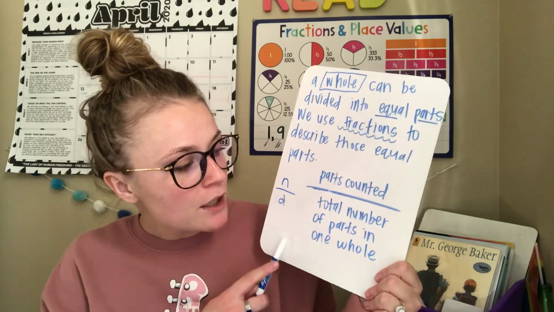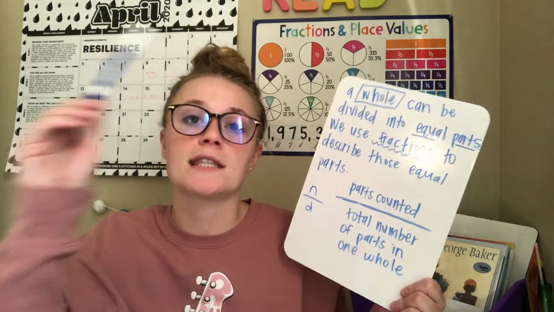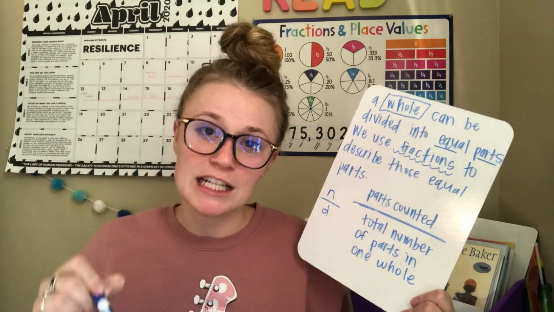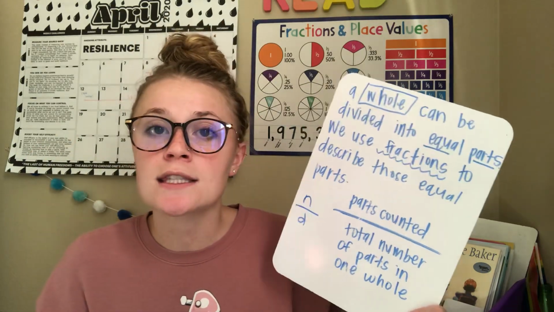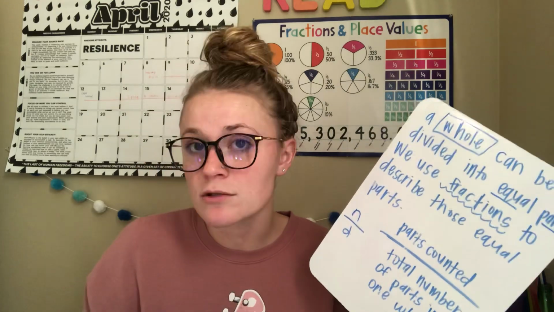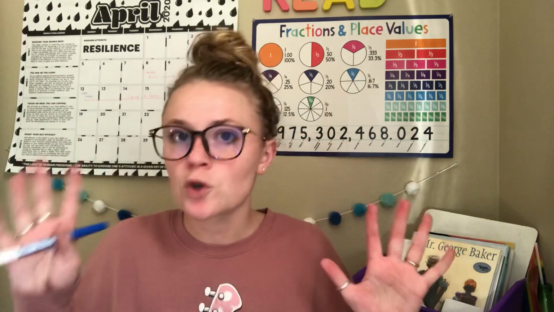The denominator is the total number of parts in one whole. So how many parts is the entire shape divided into? That is our denominator. And our numerator tells us the number of parts being counted. So just a quick reminder of that. And let's go ahead and get started.